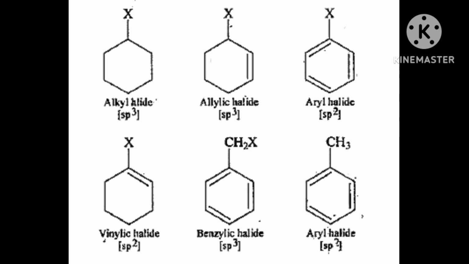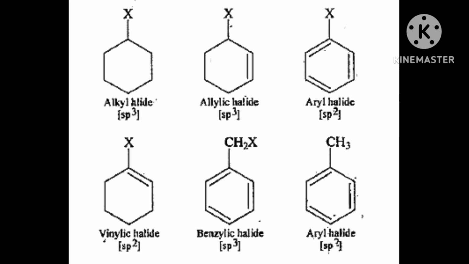Other example: suppose in that benzene ring one methyl group is attached. Then it is called toluene. You remember, CH3 on the benzene ring, one methyl group attached.